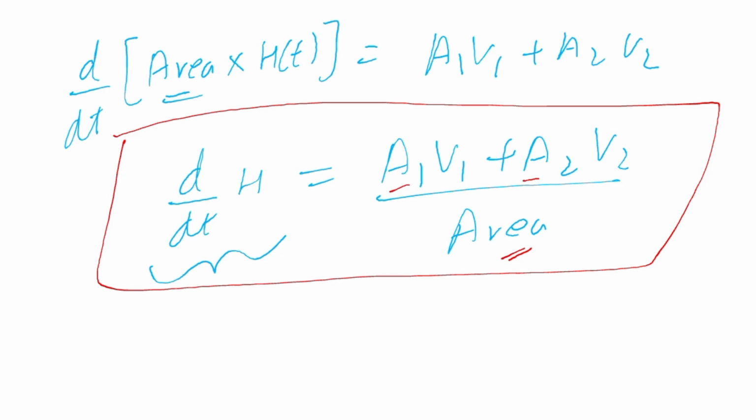Even if you start dumping water, so let's say you have a lake and you're dumping water from your hose, what is the rate at which the height changes? In that case, let's say we have just one inlet, just to simplify things so that you can see.